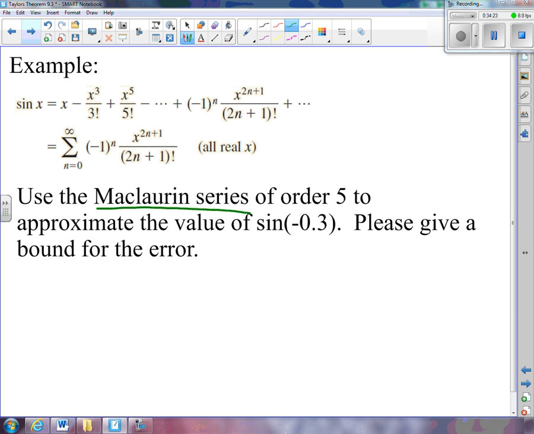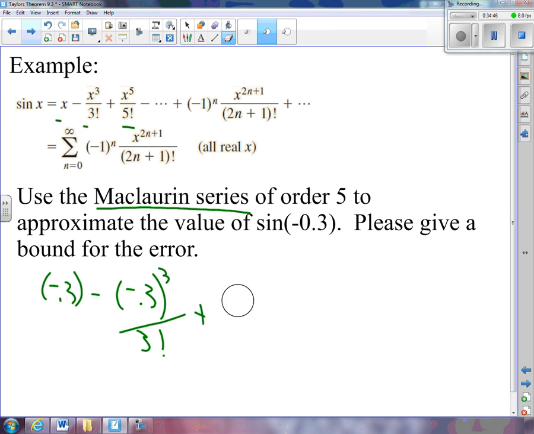Here we're using order 5, meaning that we're using the fifth derivative term. So how many terms are we really using? Three. So I'm taking negative 0.3 minus negative 0.3 cubed over 3 factorial plus negative 0.3 to the fifth over 5 factorial.